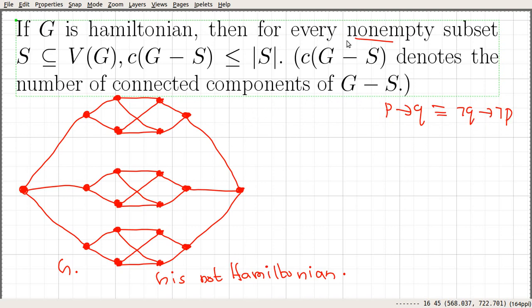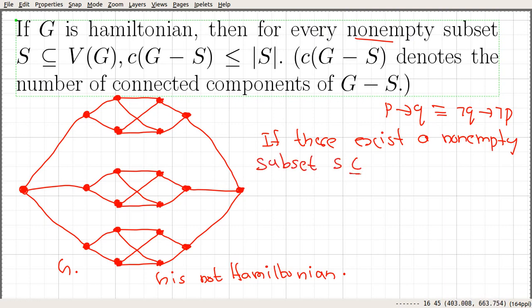So it will look something like this, because this is for every. So that says if there exists a non-empty subset S of the vertex set of G, and the number of connected components in G minus S is strictly greater than the size of S. Anyway, we need to invert this, we are taking the negation, right?